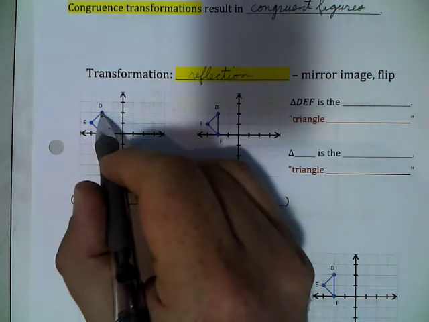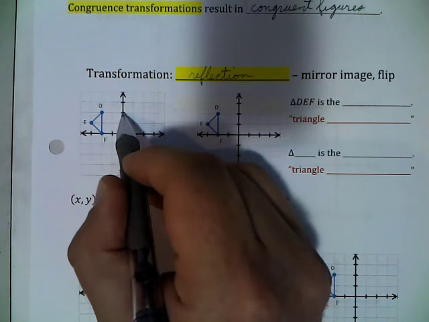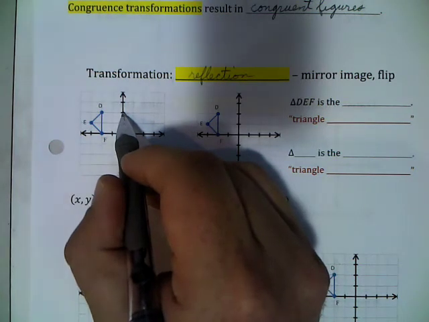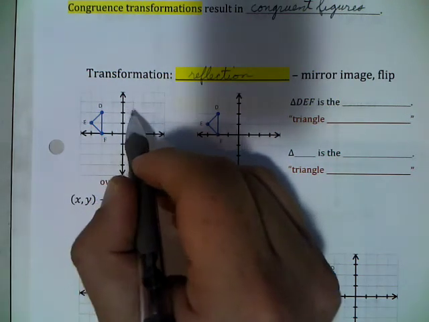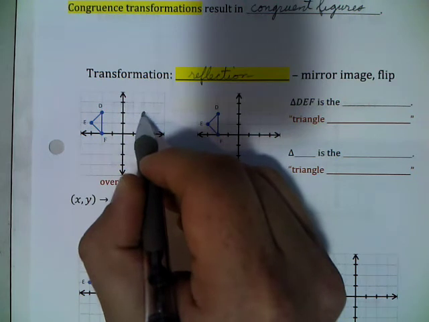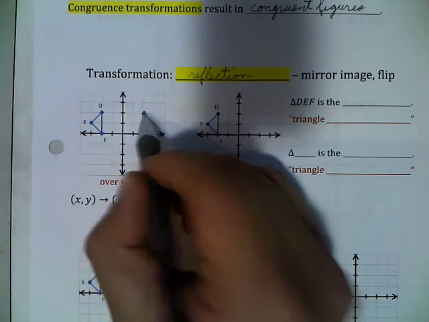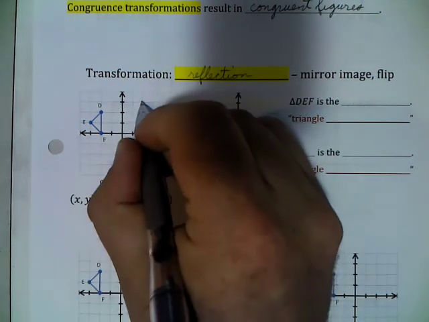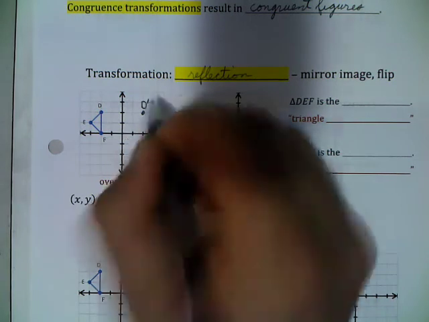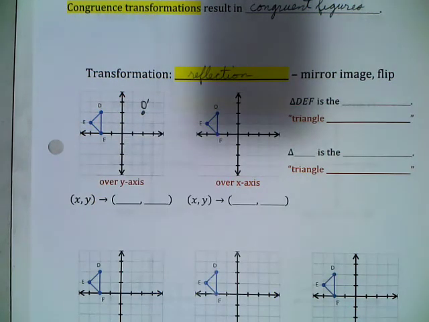So if D is 2 units away from my line of reflection, from the y-axis, then its reflection will be 2 units away, but on the other side. And we call this point D prime. We put a little tick mark above it. It's not a 1, it's actually a tick mark. So that's D prime.